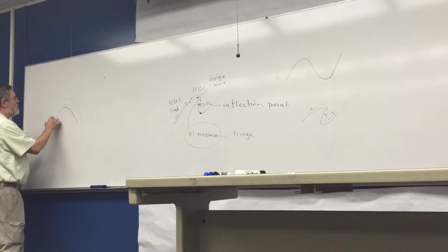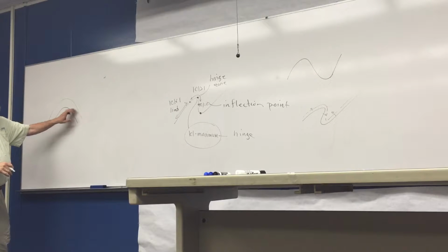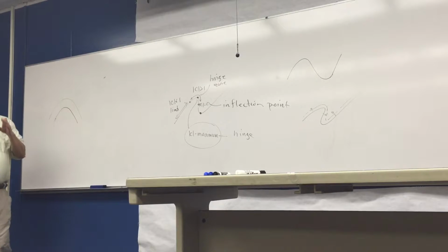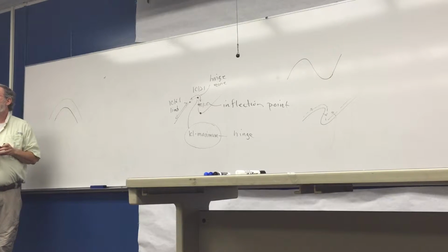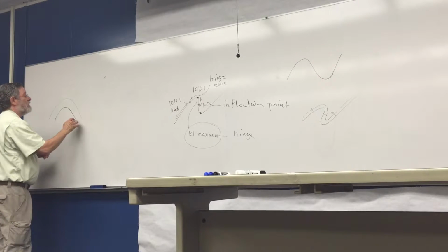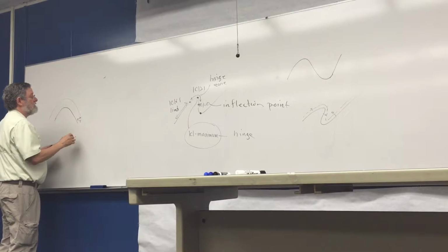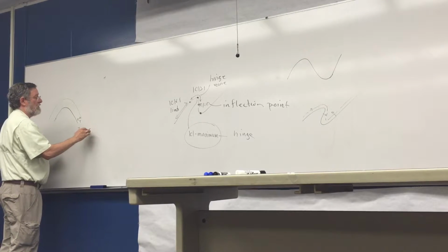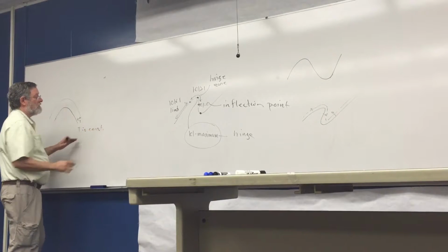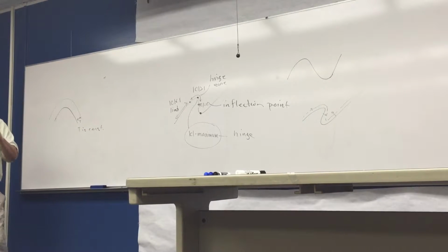That looks something like this, where the thickness of the layer stays constant throughout. So in this case, that T thickness is constant throughout the fold. No changes in thickness.